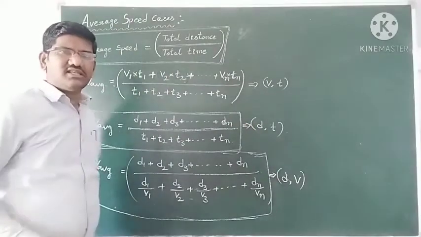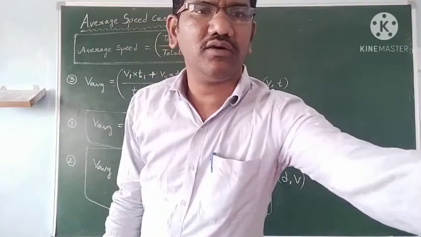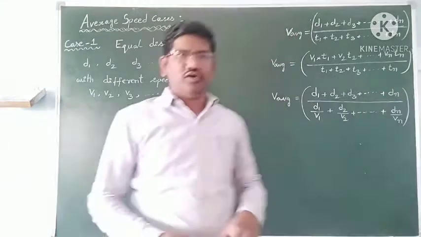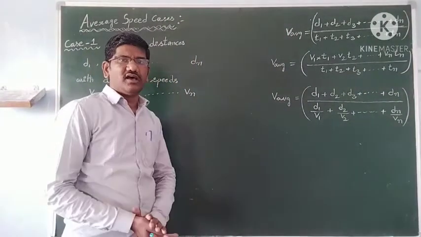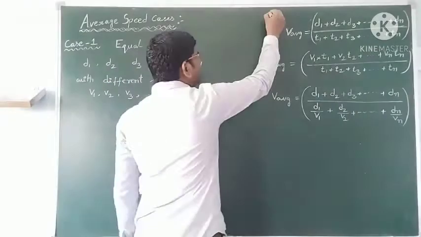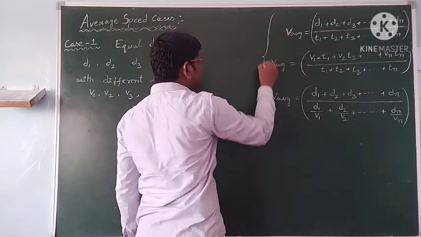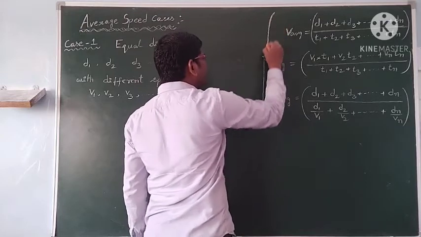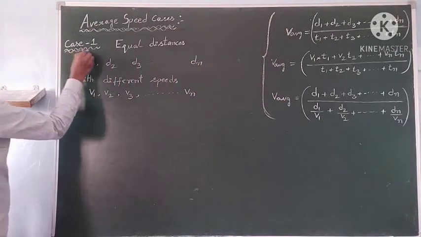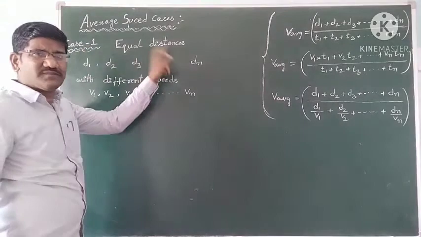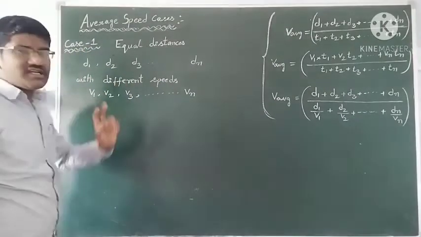Now we can see the cases in average speed. Okay students, now we can see the different cases in average speed. Case 1: equal distances with different speeds.